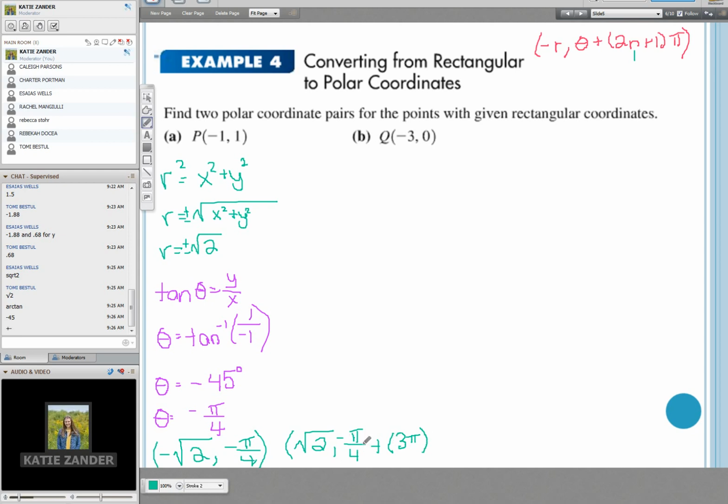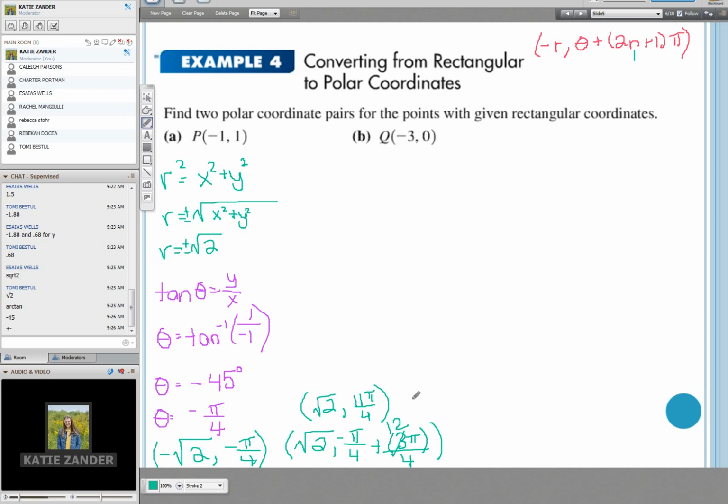Okay, so I think that's going to be a 3 pi if we make n a 1, right? So 2 plus 1 is 3, and then we need a common denominator of 4, so technically that would be a 12. And it looks like that would be an 11 pi over 4.